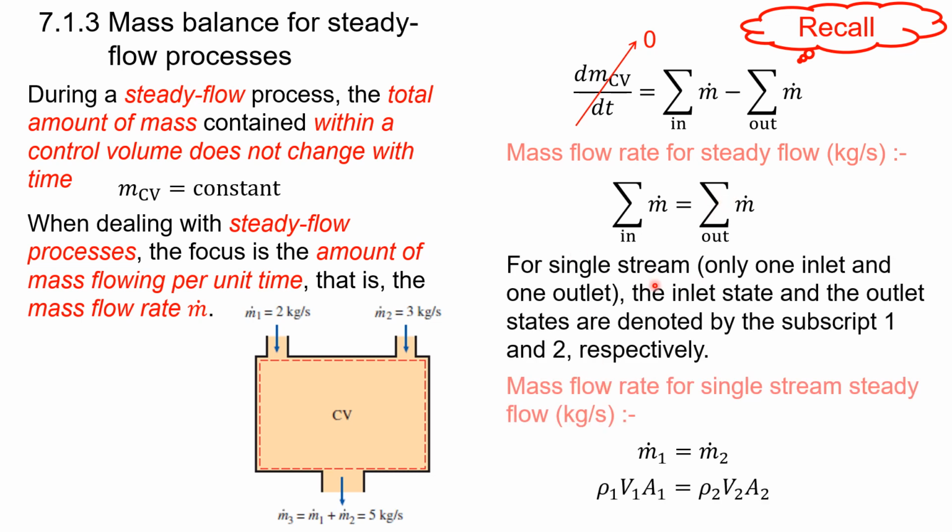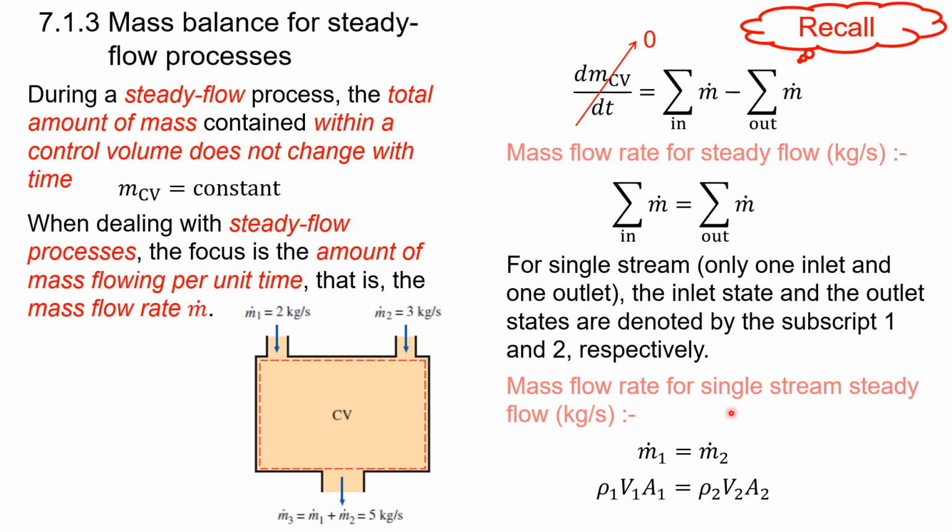For a single stream, only one inlet and one outlet, the inlet state and the outlet state are denoted by the subscripts 1 and 2 respectively. We know 1 is input, 2 normally will be output. It will be mentioned in the figures or the question.